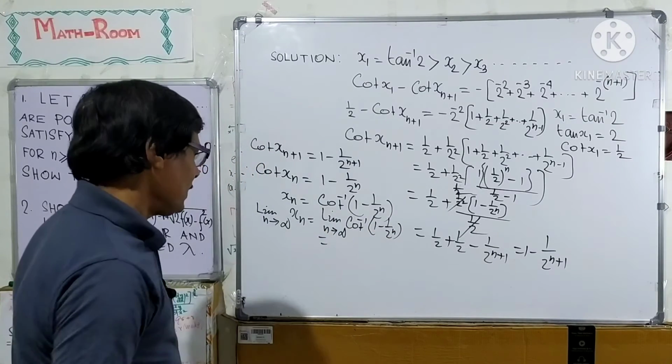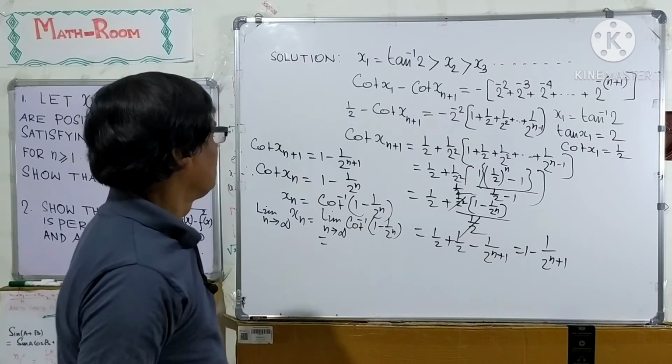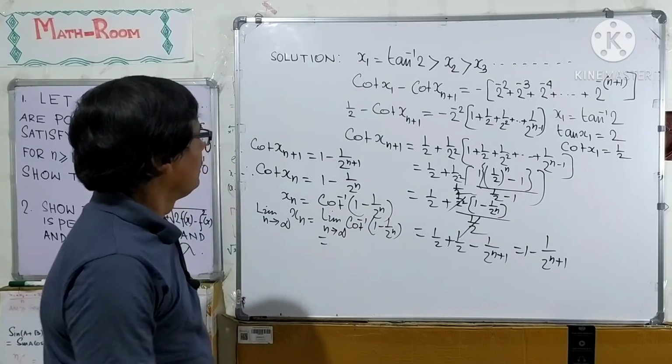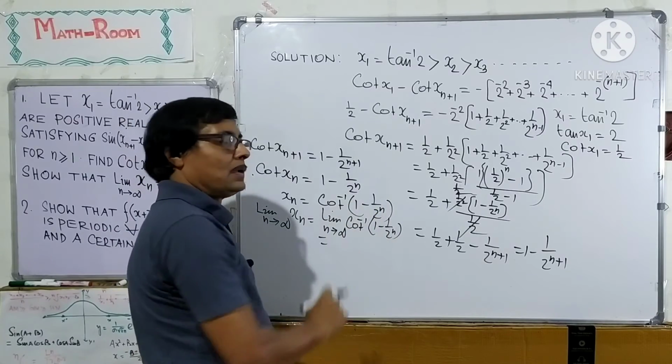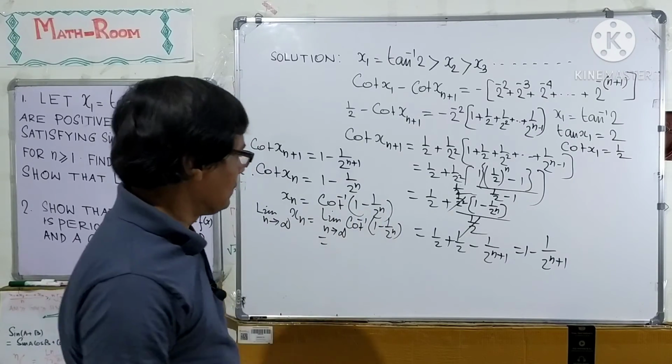Here the limit as n tends to infinity of 1 over 2 to the power n equal to 0, because 1 over an infinitely large number is 0.